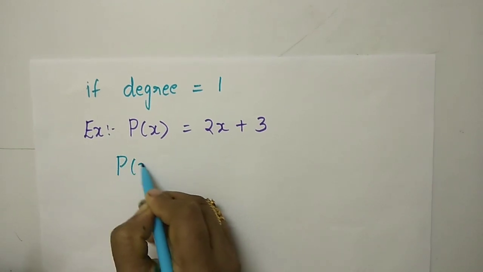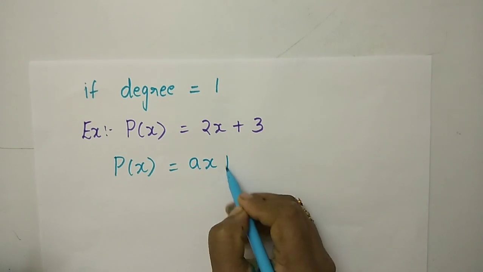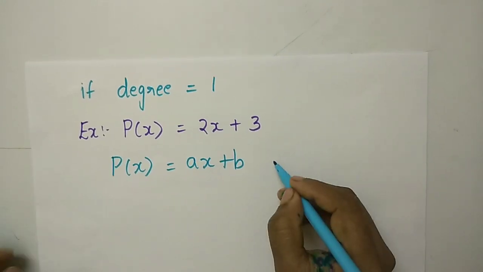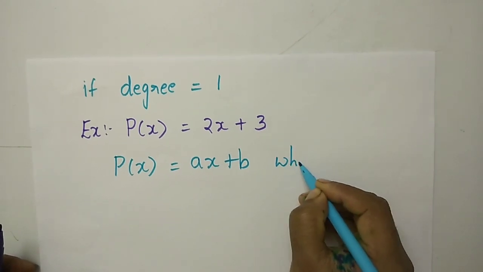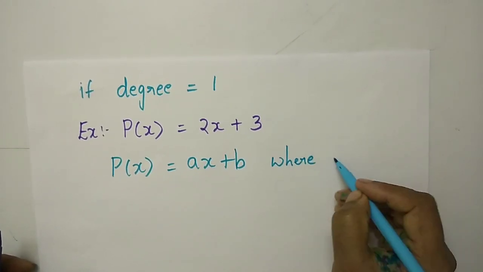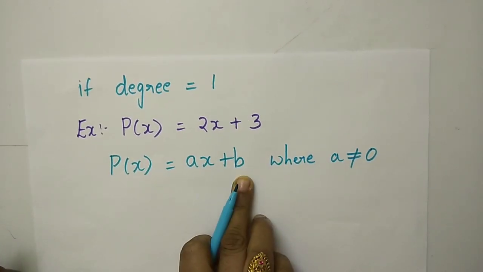P of x equal to ax plus b, where a is not equal to 0 and a, b are constants.